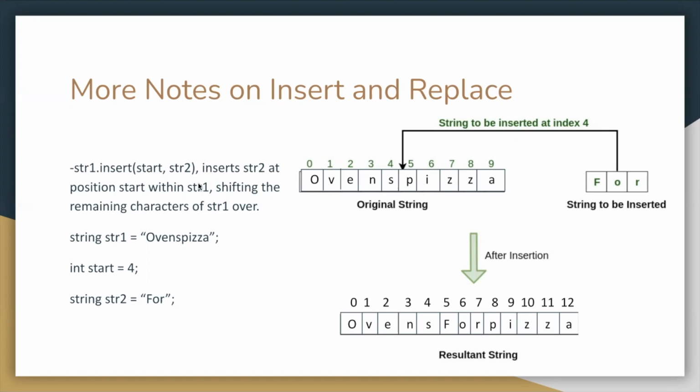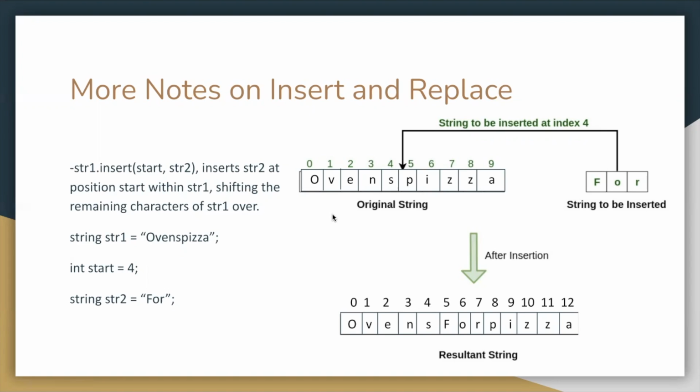That can be a little confusing, but I made this nice little graphic for you guys to understand that. Right now we have this original string, which is string 1, which is right here. It's called Oven's Pizza. Doesn't make sense right now, right? But to make it make sense, I'm going to say ovens for pizza.